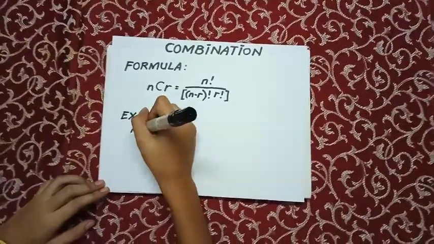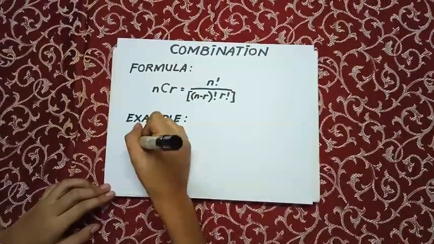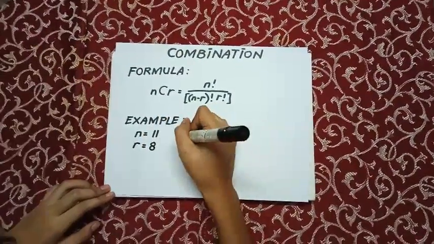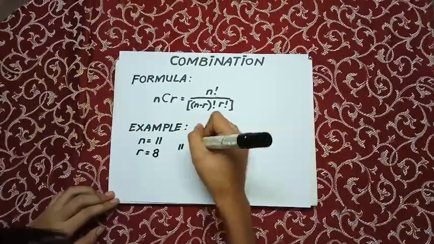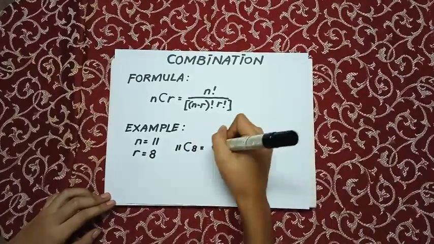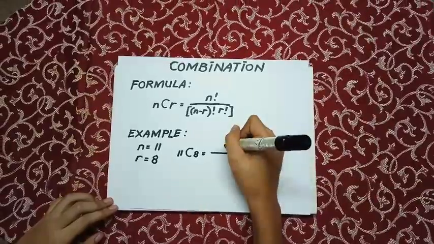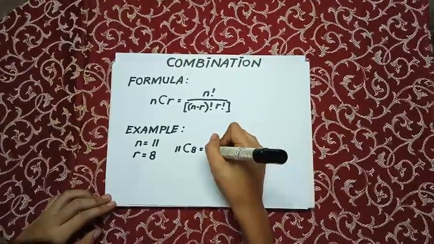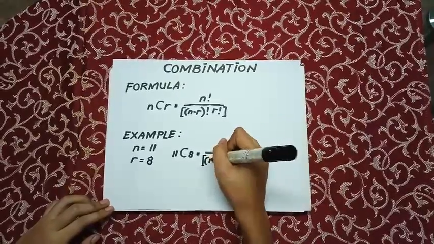We have here an example. Let n be equal to 11, then r be equal to 8. The solution will be 11 choose 8 equals 11 factorial divided by the quantity of 11 minus 8 factorial times 8 factorial.